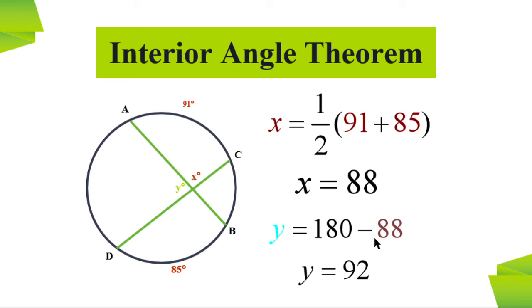So the two unknown angles are: angle x equal to 88, and angle y equal to 92 degrees.